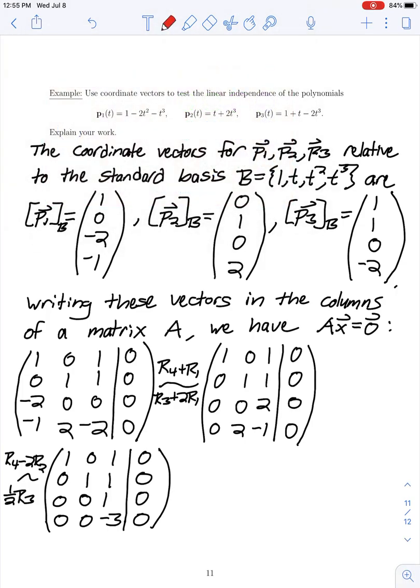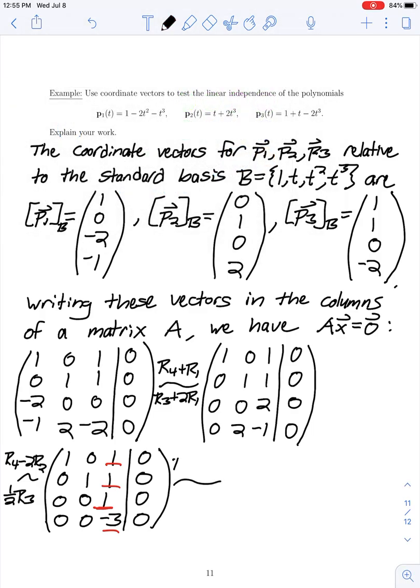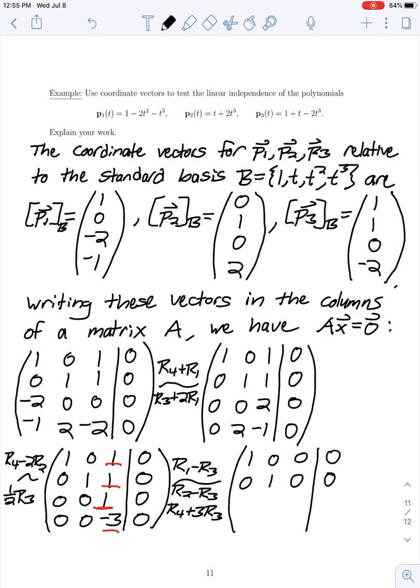So now using this pivot of 1 in my third row, I can eliminate all of the entries in that third column by taking, for instance, row 1 minus row 3, row 2 minus row 3, or row 4 plus 3 times row 3. And this gives me 1, 0, 0, 0, 0, 1, 0, 0, 0, 0, 1, 0, and a row of all zeros.